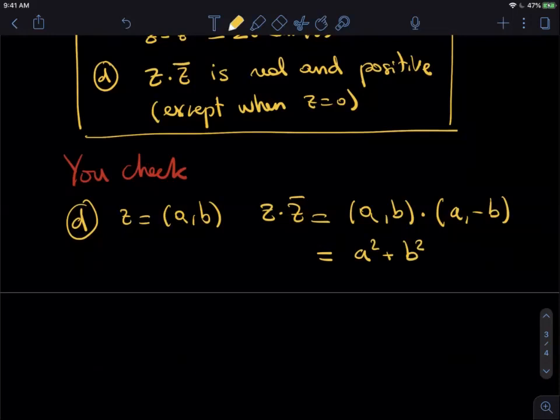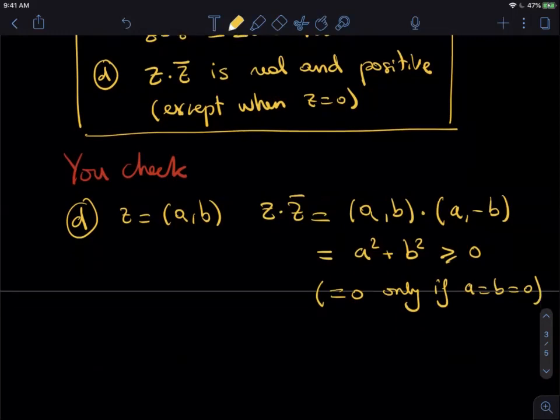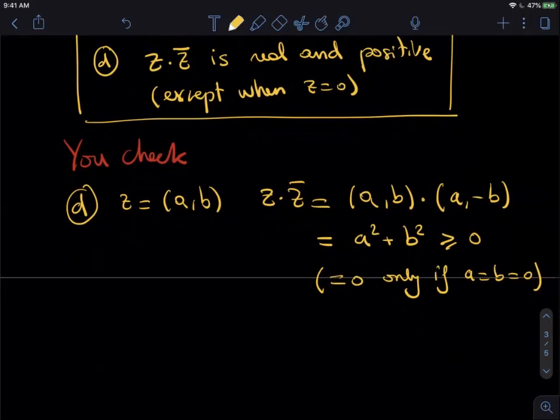This is the reason why we are saying that this is bigger or equal than 0, and this is equal to 0 only if a and b are both 0, which is what we were saying, that z needs to be 0. This is actually a very important quantity. This is called the absolute value.